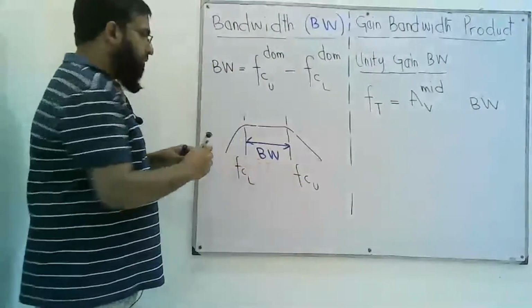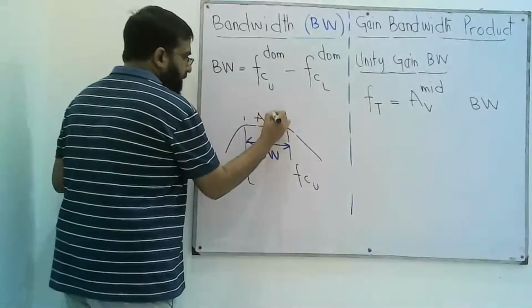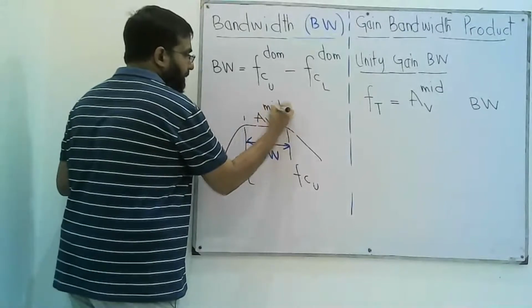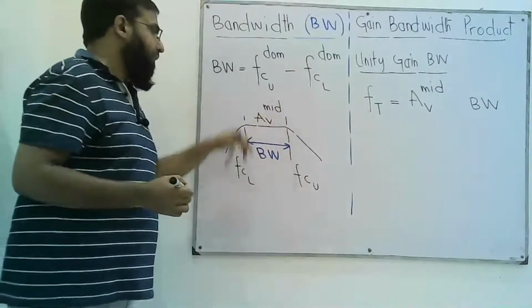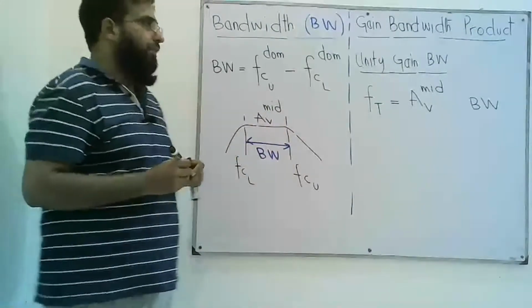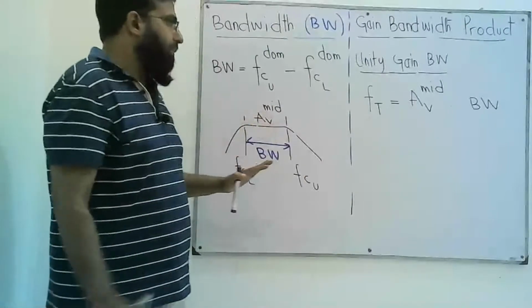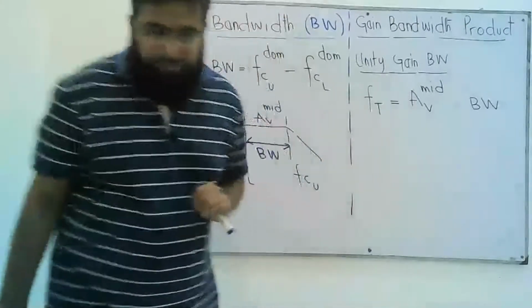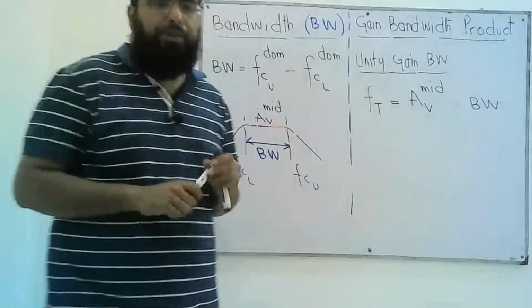This is the bandwidth, and this is the AV obtained during midband. So the product of these two, AV mid times bandwidth, is the unity gain bandwidth.